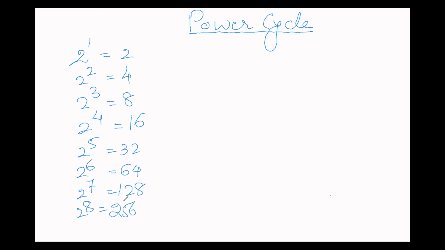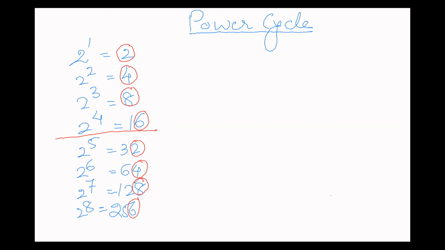Now guys, what is your observation about this? Let me put a line here. Now, the units place in 2 raised to power 1 is 2. Here it's 4, thereafter 8, thereafter 6. And you can surprisingly see this series is repeating again: 2, 4, 8, 6.